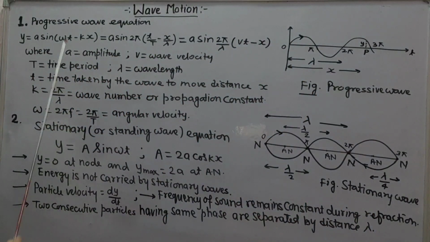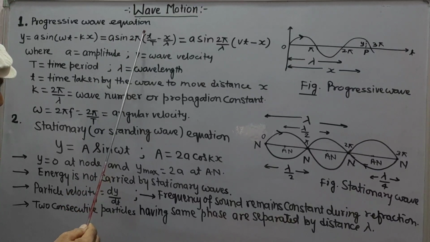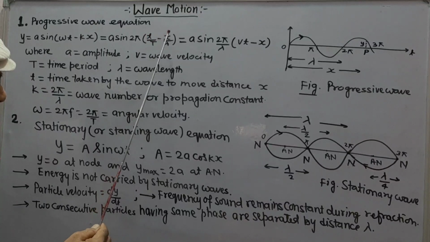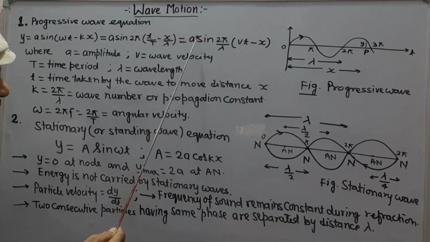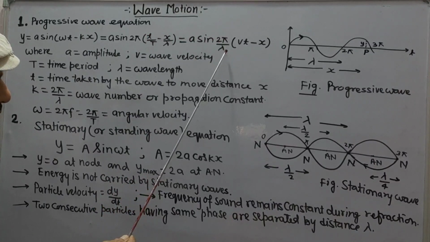First one is the progressive wave equation, which is given by y is equal to a sin(omega t minus kx), which is also equal to a sin 2 pi (t upon T minus x upon lambda), which is equal to a sin 2 pi upon lambda (vt minus x).